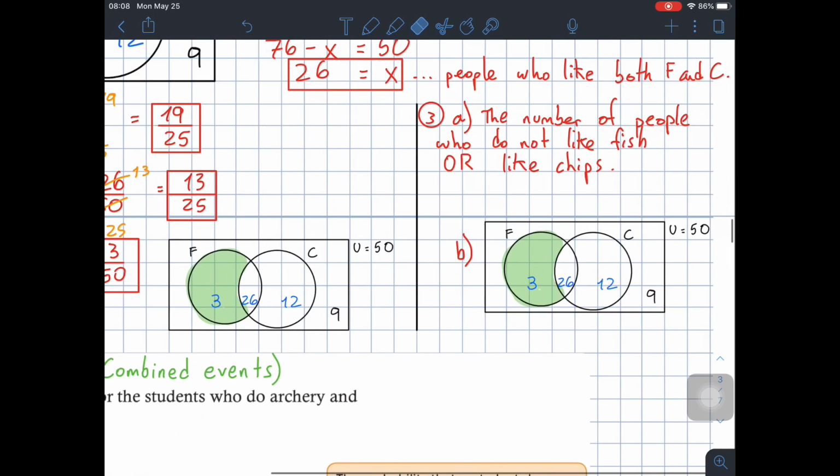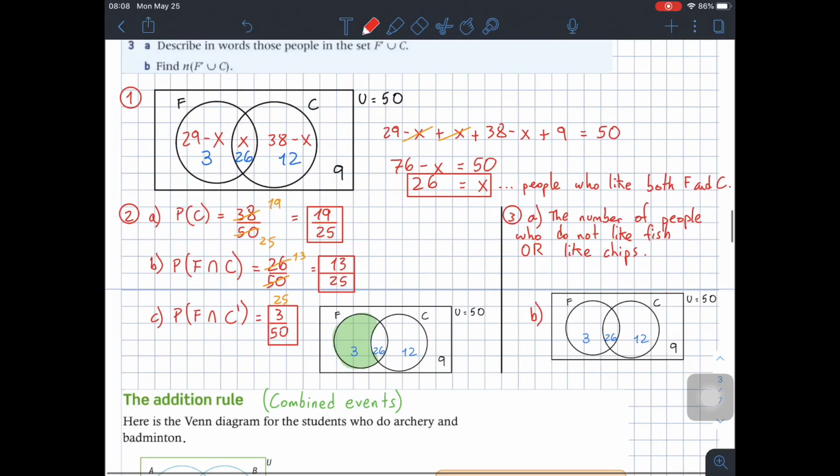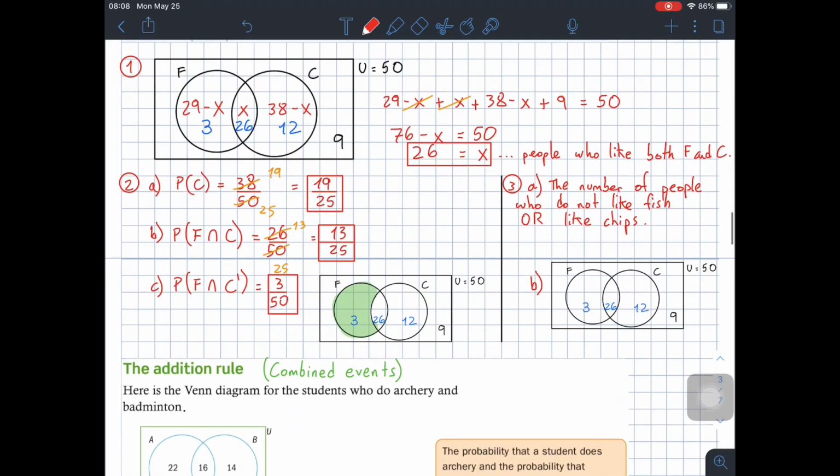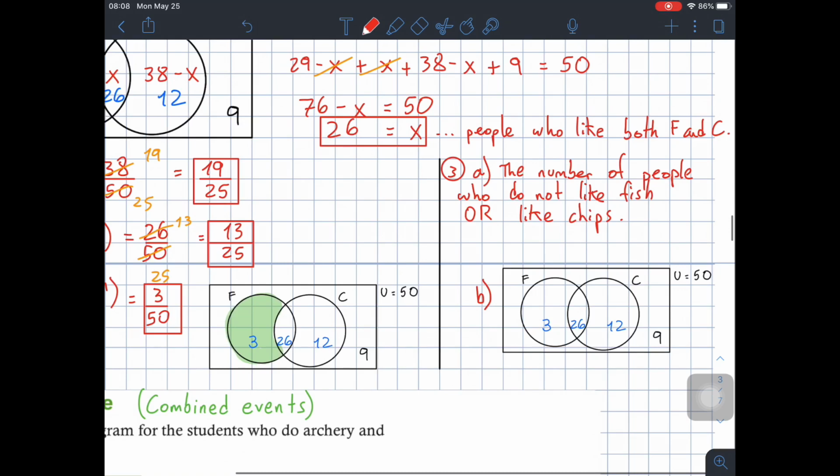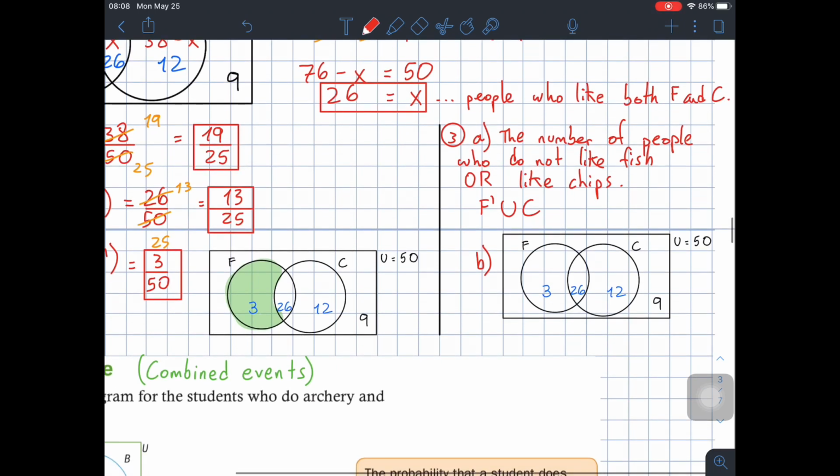What is the shaded region for this situation over here? If we write this mathematically, that's F prime union C. Where do we find F prime union C in the Venn diagram? So it's not F, outside of F.